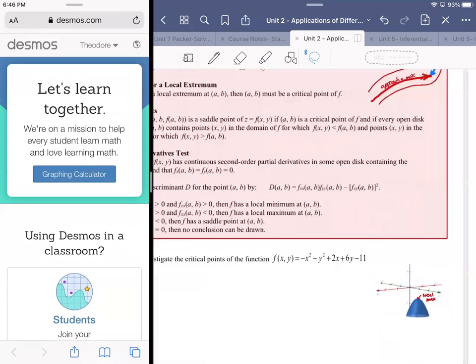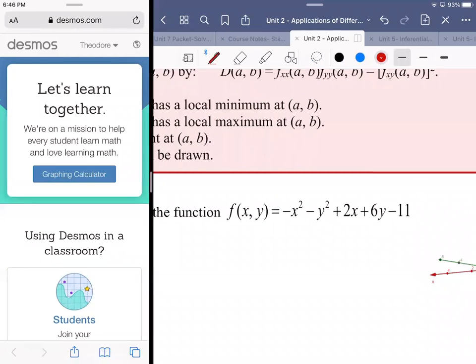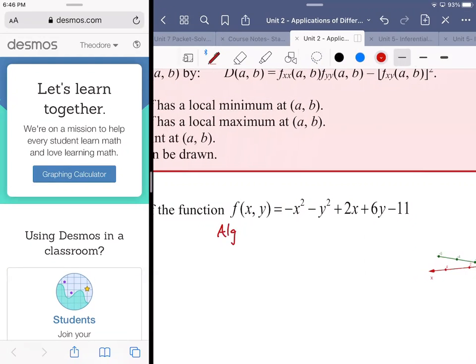The algebraic approach is actually kind of nice. You're looking at really a conic section.